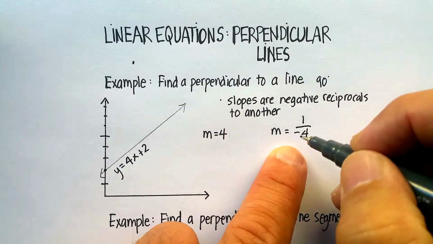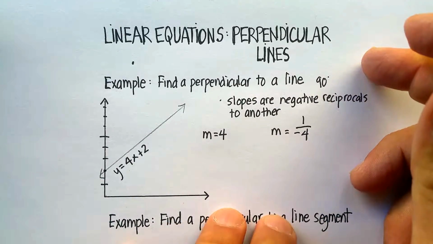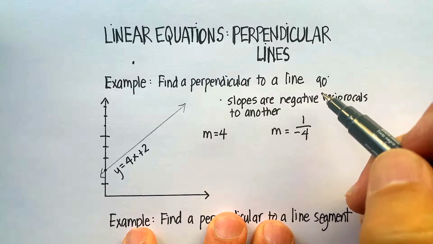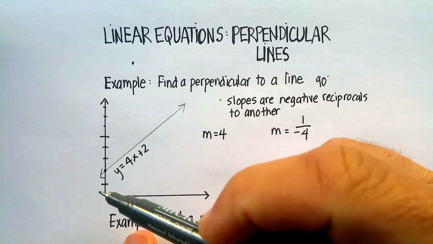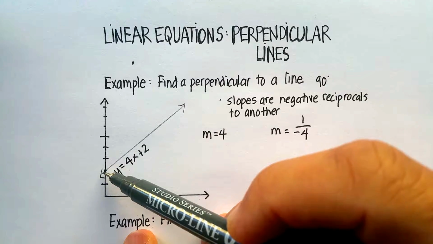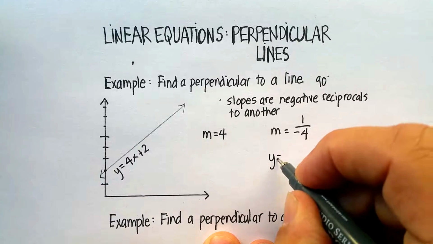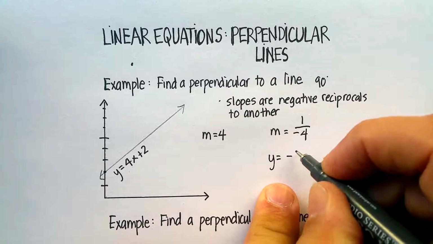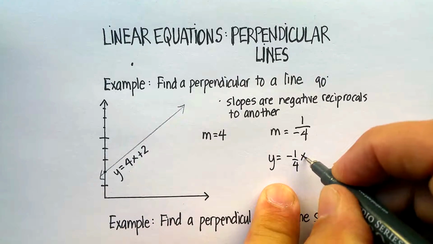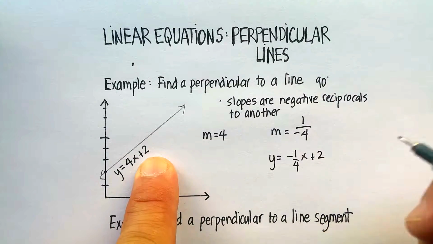So the negative reciprocal is a negative 1/4. Now, how would I write the equation of the line that is perpendicular to this line and crosses the y-axis at 2? You would just rewrite it like this: y is equal to negative 1/4 x, intercepting at the same spot, plus 2.